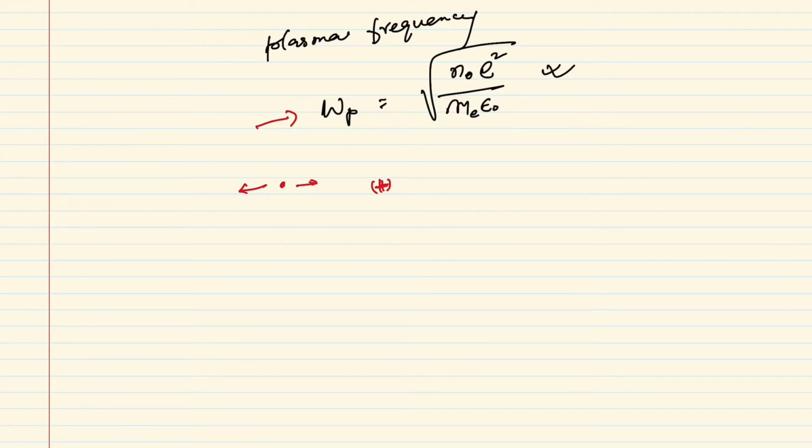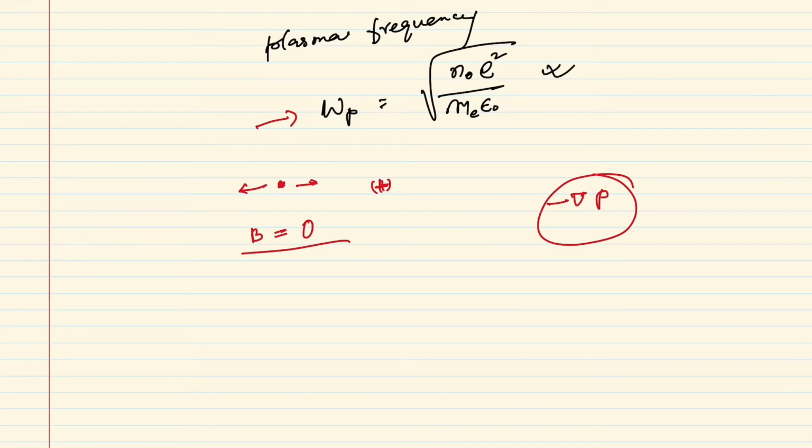So we have neglected that. Also we have not applied any magnetic field, B is equal to 0, and there was no thermal motion. That is why in the equation of motion we have ignored the grad P term.